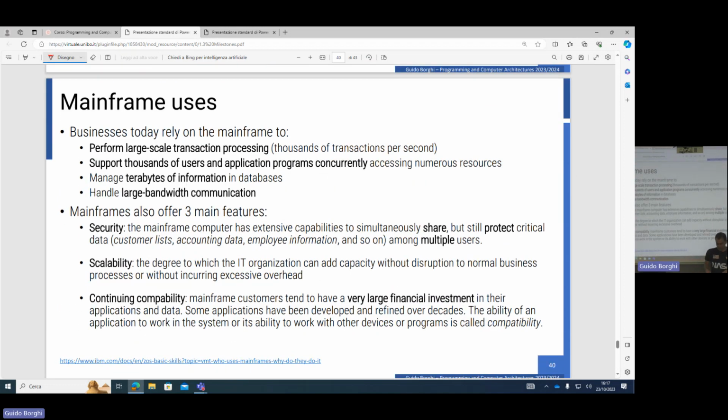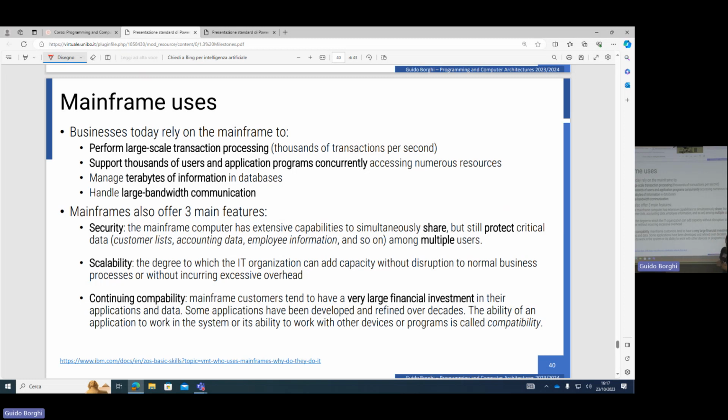Last time we missed this slide, which is just a focus on the main uses of mainframe. Remember that mainframes are developed for large-scale transaction processing. So we have multiple transactions on the mainframe, and multiple users, in particular thousands or also millions of different users.